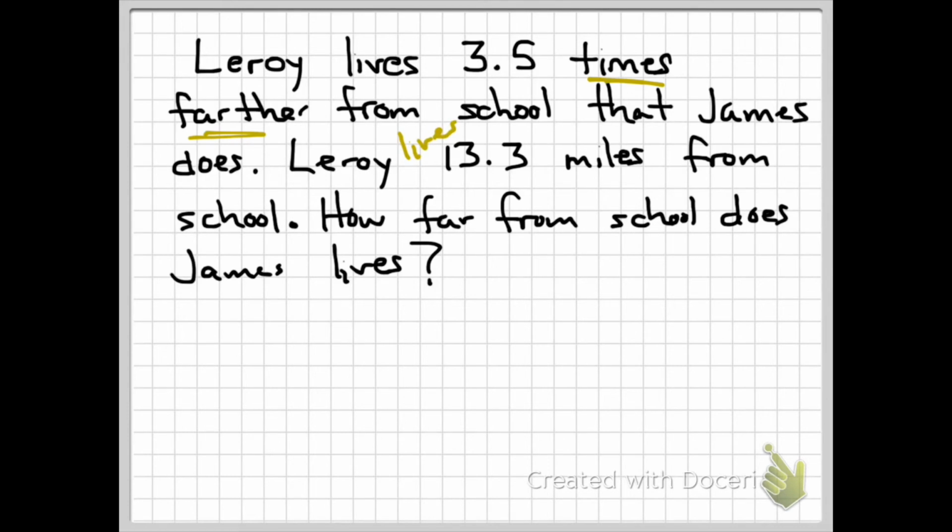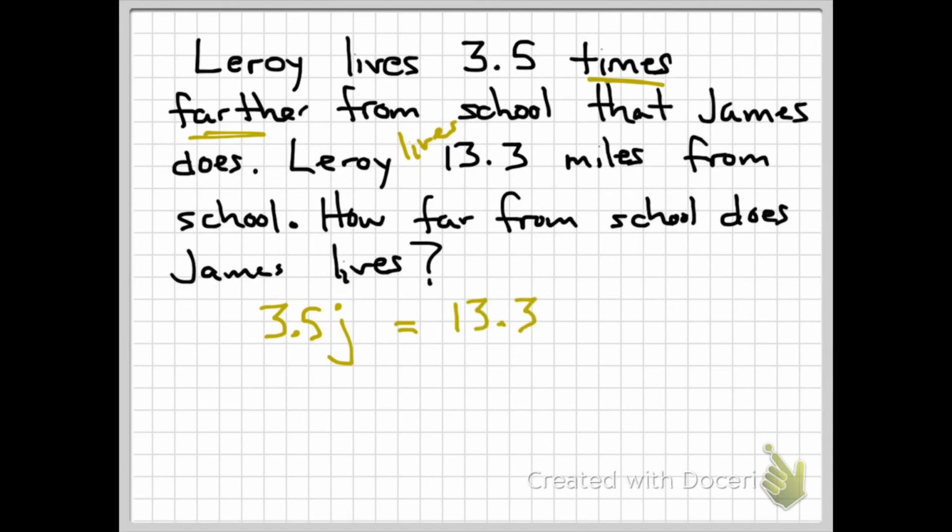How far from school does James live? All right, so what we're going to do is we know that we'll indicate J for James, all right, and that Leroy lives 3.5 times as far. So in order for James to be equal to Leroy, we got to multiply his distance by 3.5. And we know that Leroy's distance is 13.3.